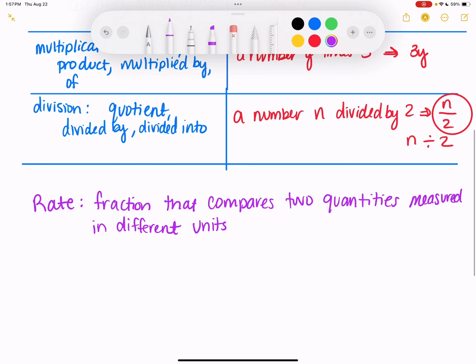So have y'all ever seen this when you've been riding in the car? What does that mean? Miles per hour. So that's a rate. Okay, so miles per hour is how it would be written. So it's a fraction that's comparing two quantities with different units. So we'll have some problems that'll, potentially talking about like a car traveling or something like that. It'll tell you how many miles it goes and how much time, and we just determine what the rate that it's traveling by is.